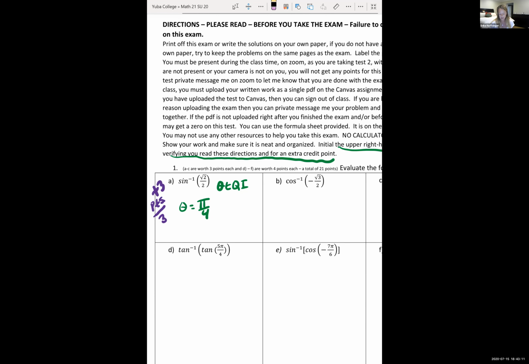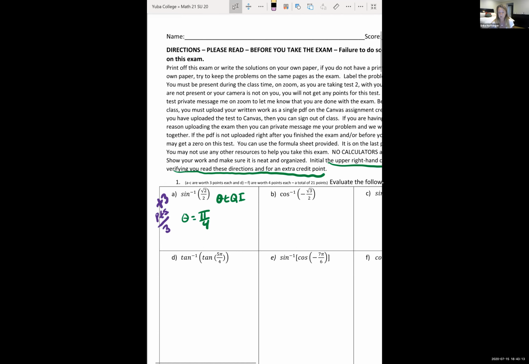So the next one, here I can tell cosine inverse is negative root 3/2. I have a negative value. I know that my range has to be between 0 and pi, so theta has to be between 0 and pi for cosine. I notice that this is negative, so theta is going to be in quadrant 2. My reference angle, that gives me back positive root 3 over 2 for cosine, is 30 degrees.